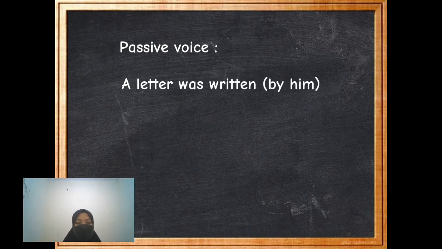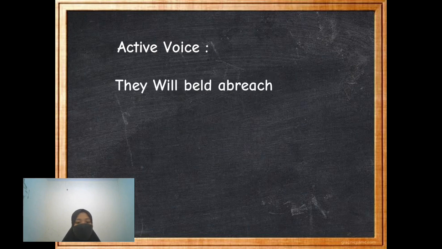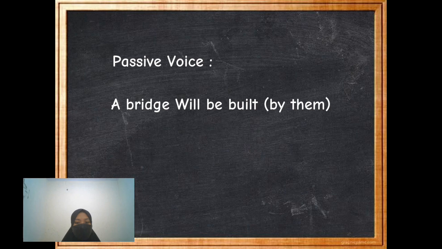Next, example 3. Active voice: they will build a bridge. Passive voice: a bridge will be built by them.